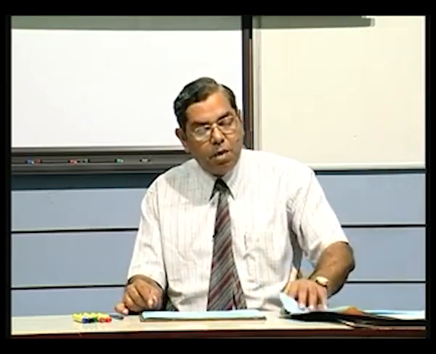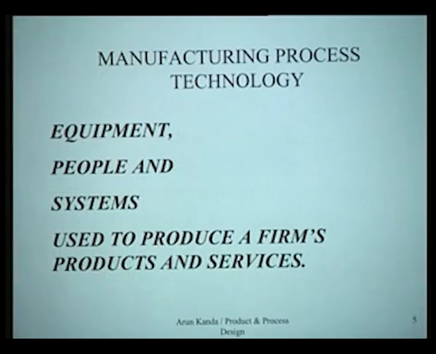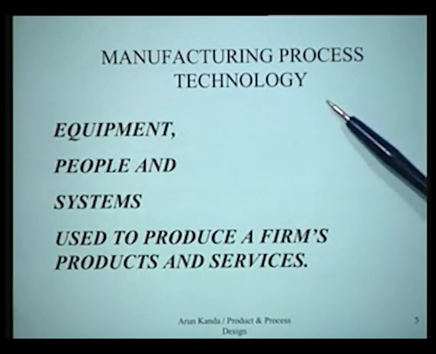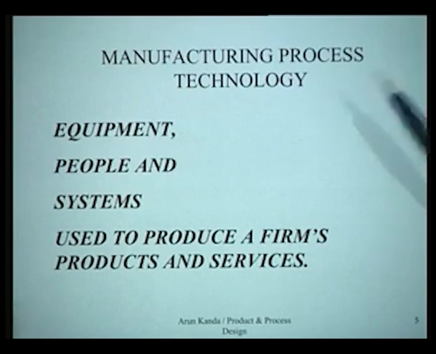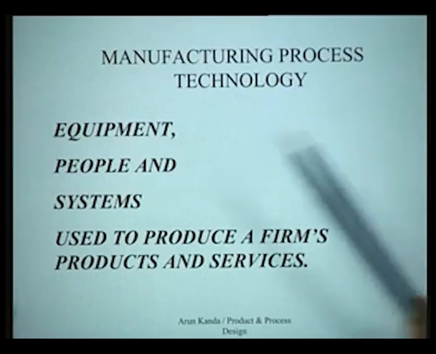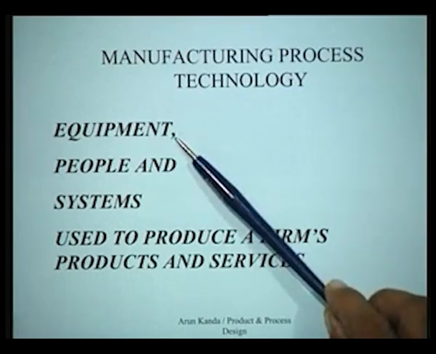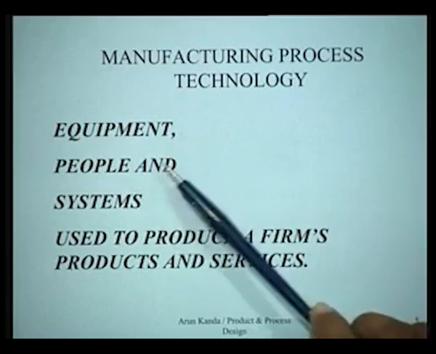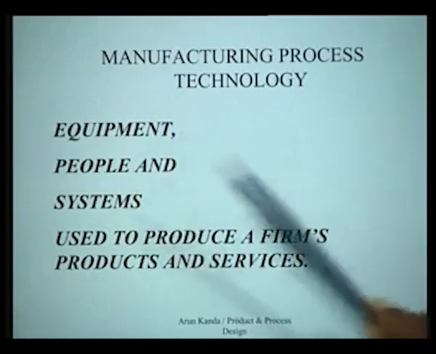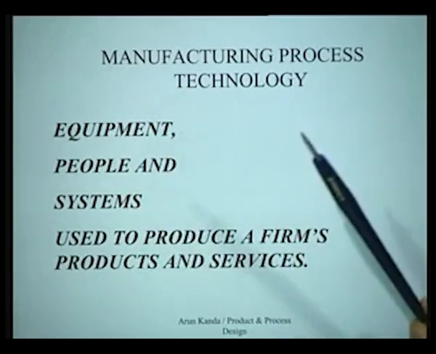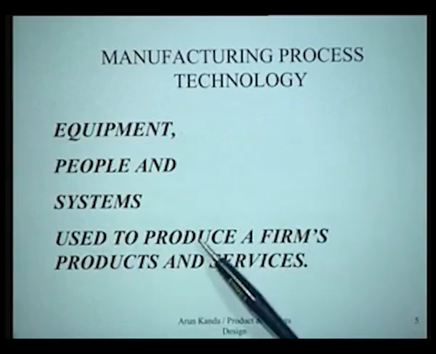Let us now talk about what we understand by process design or process technology. Basically, when you're talking about manufacturing process technology, what we mean in very simple terms is the equipment, the people and the systems that constitute process technology, which are used to produce a firm's products and services.